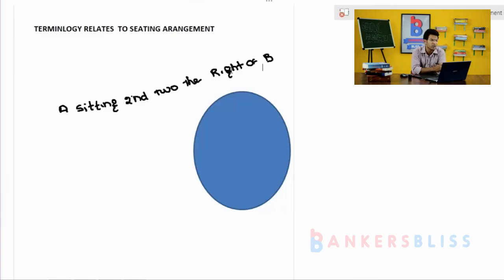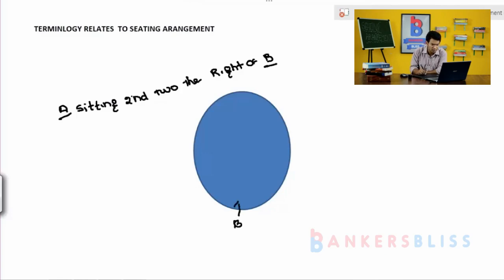Then what will we do here? Simple. If we want to know the position of the person A, we should first know the position of B. Once again I am repeating, if we want to know the position of A, we should first know the position of B. Why? Because the person A's position entirely depends on B. Just imagine the person B is seated here.